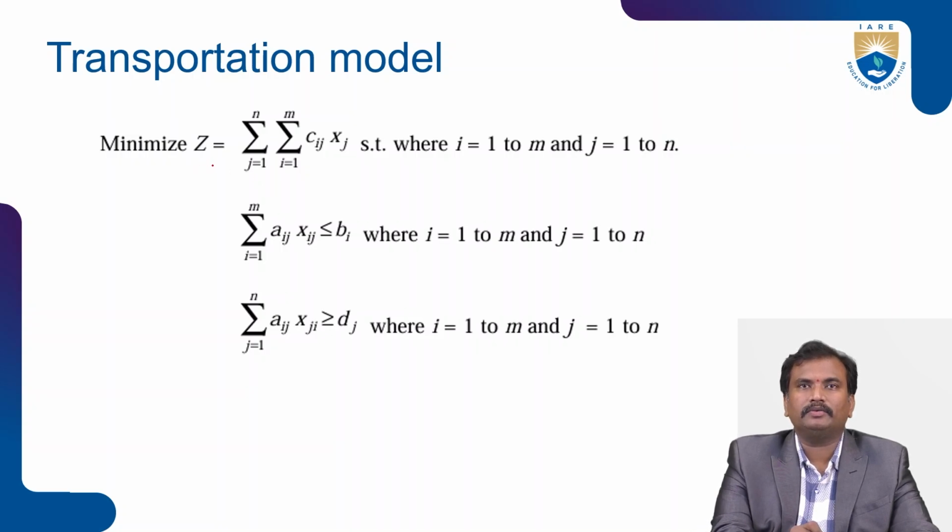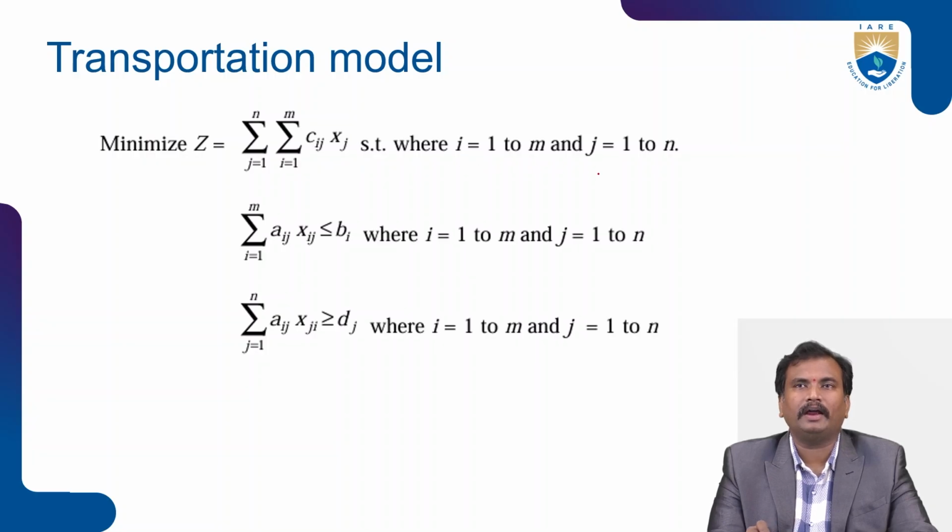The transportation model minimizes z, which equals the summation of j equals 1 to n and summation of i equals 1 to m of Cij xij. The constraints are summation of i equals 1 to m of Aij xij less than or equal to bi, and in the same way summation of Aij xij greater than or equal to dj, where i equals 1 to m and j equals 1 to n.